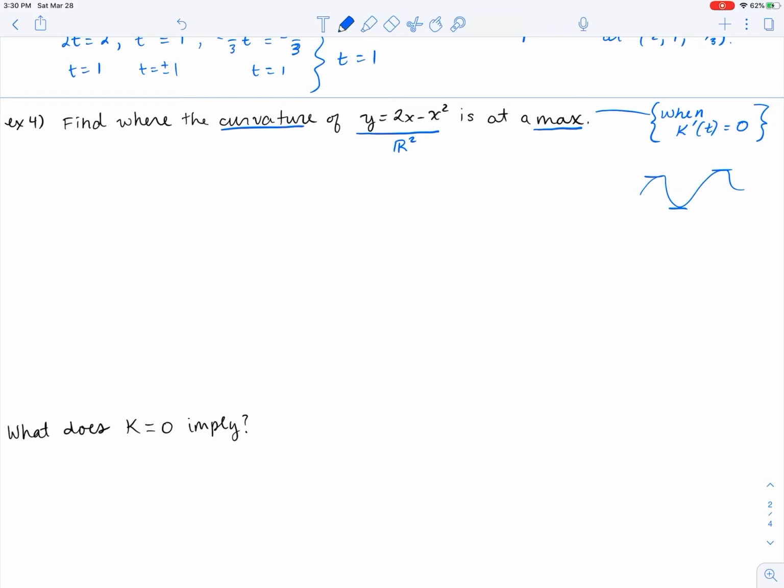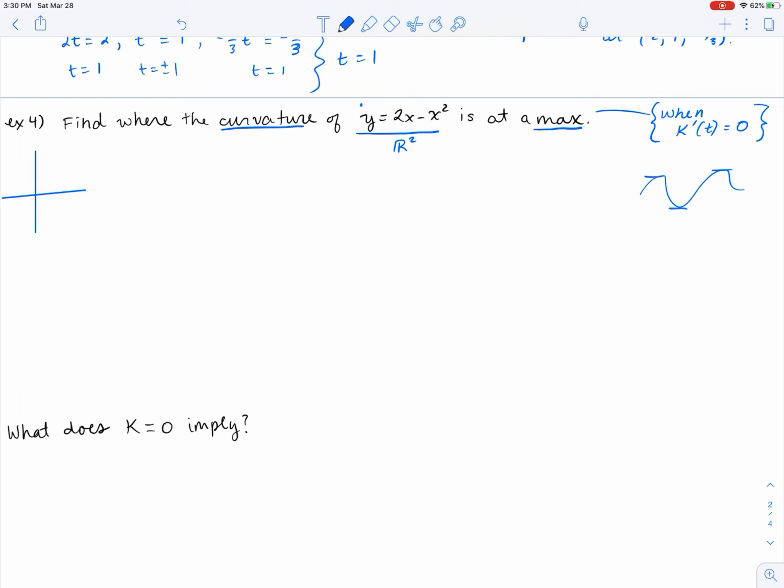So the curvature function is not the same as the function, okay? So just keep that in mind. We don't want the maximum of the curve. We want the maximum of the curvature, which may or may not be different. Actually, you can guess on this one because what we have here is a parabola, right?